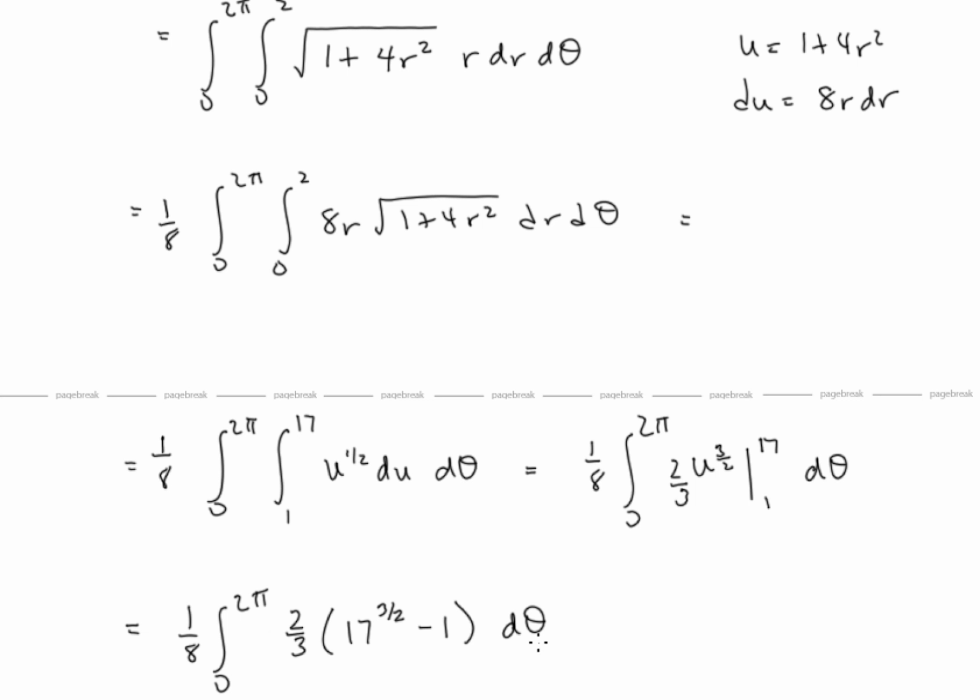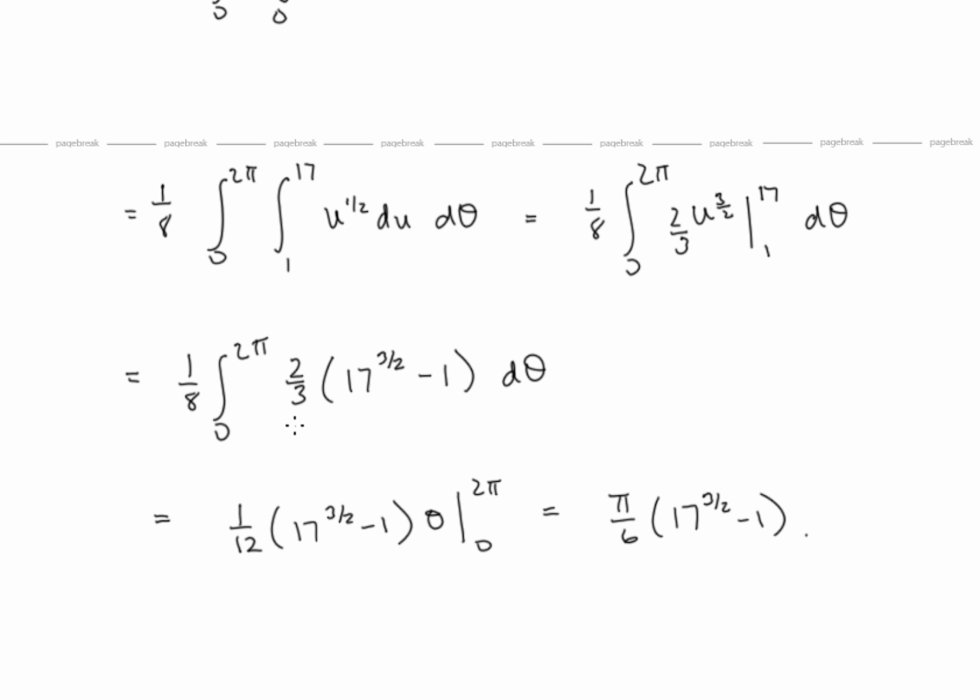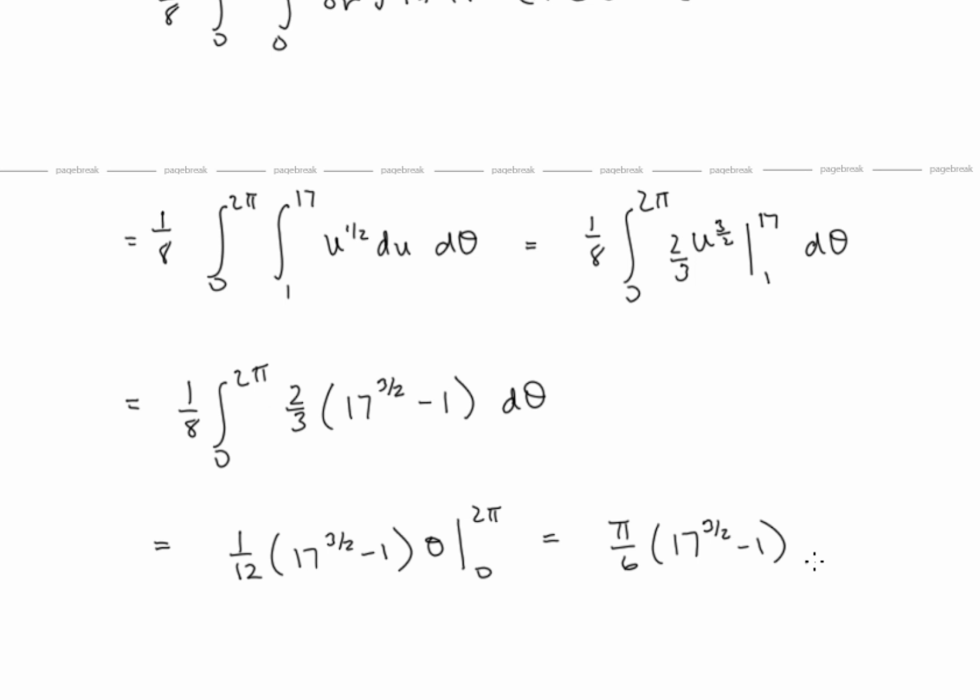And now integrating with respect to theta, this is all a constant, so we just get all this constant multiplied by theta. Plugging in the 2 pi and the 0, we simplify to pi over 6 times 17 to the 3/2 minus 1. And that's the surface area of the hyperbolic paraboloid that is inside the cylinder. And with that, we'll complete our lesson on surface area.